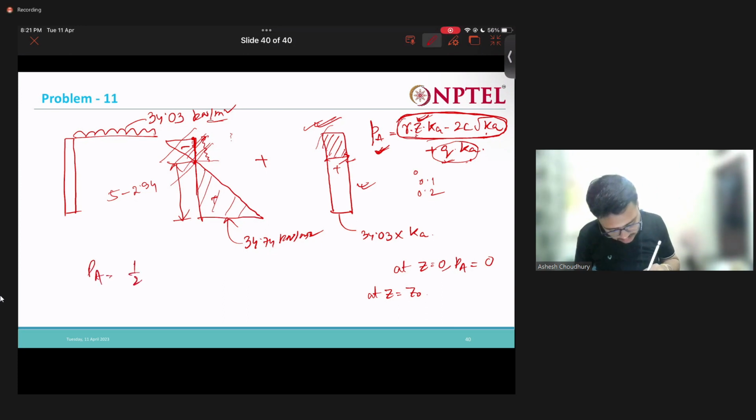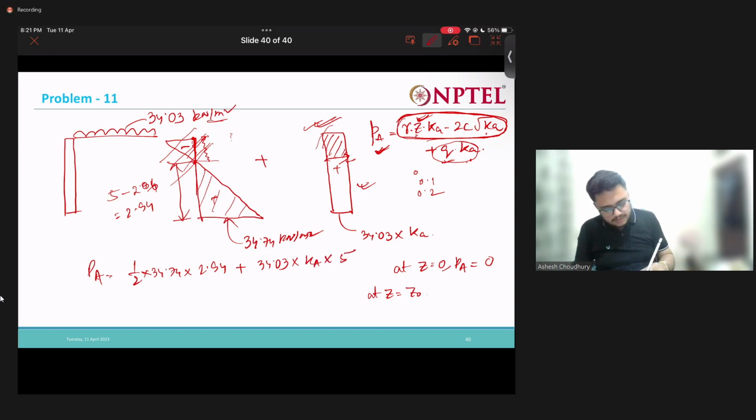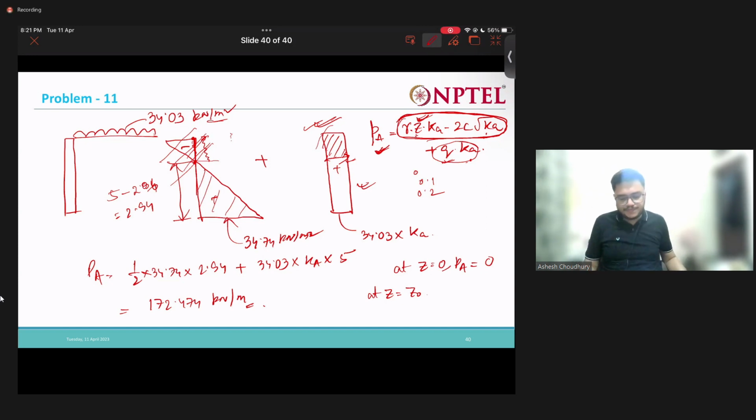PA is equal to half into 34.74 into 2.06 minus 2.94, plus 34.03 into K into the total height, which is 5. So this will give my total thrust, 172.474.